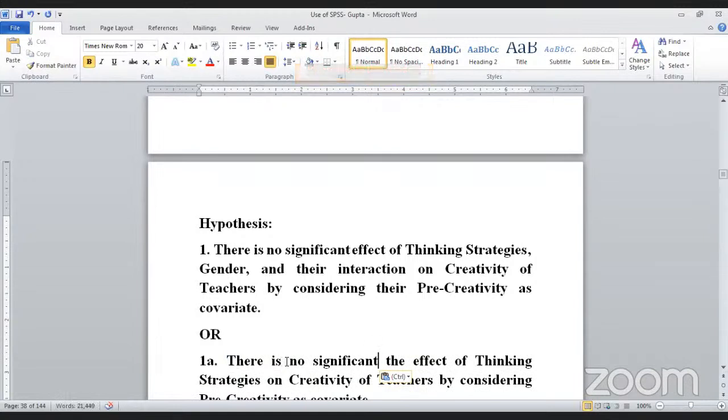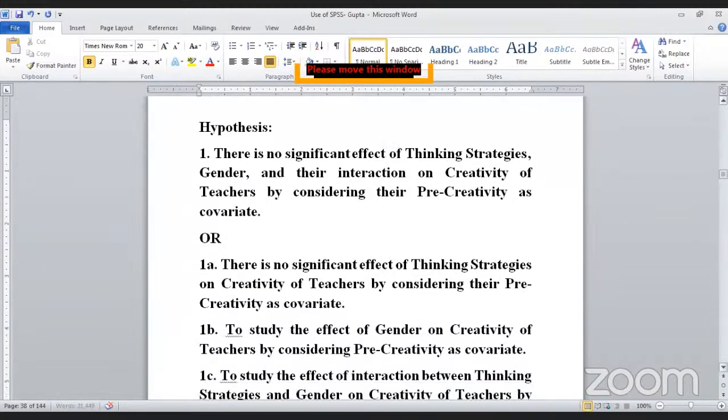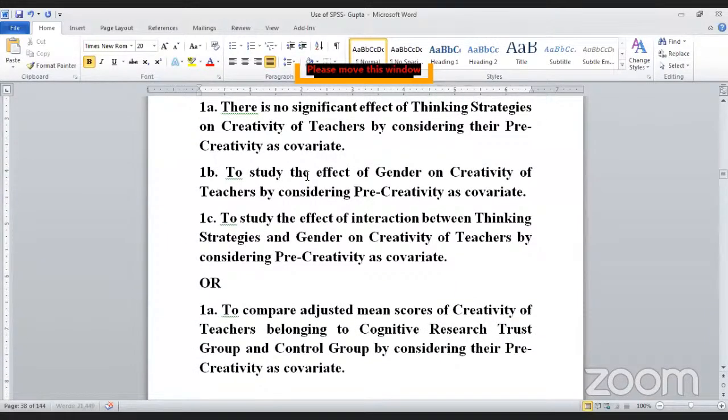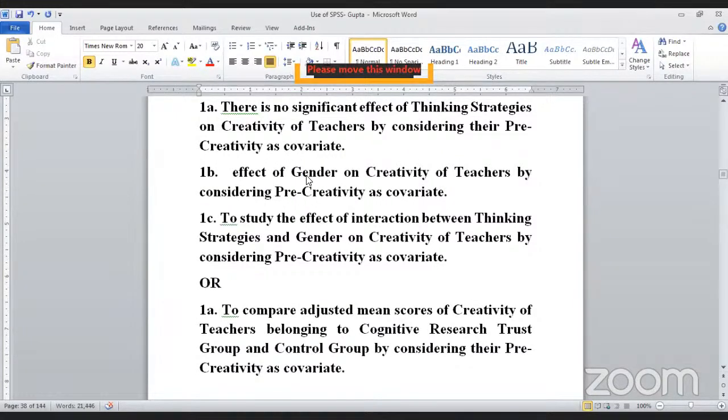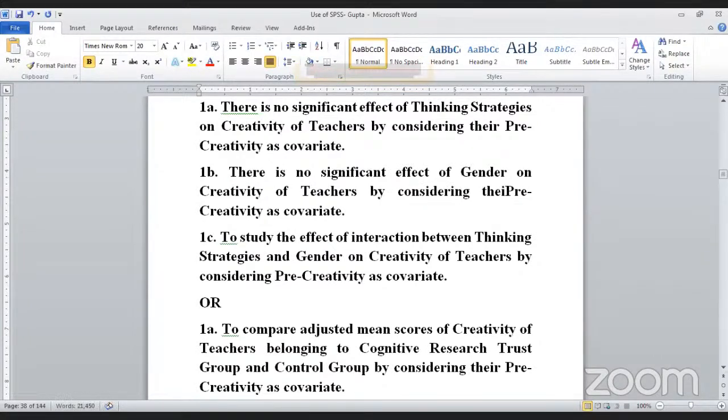That there is no significant effect of thinking strategies on creativity of teachers by considering their pre-creativity as covariates. Then here also, that there is no significant effect of gender on creativity of teachers by considering their pre-creativity as covariates.